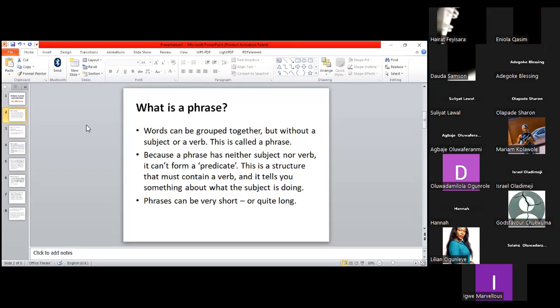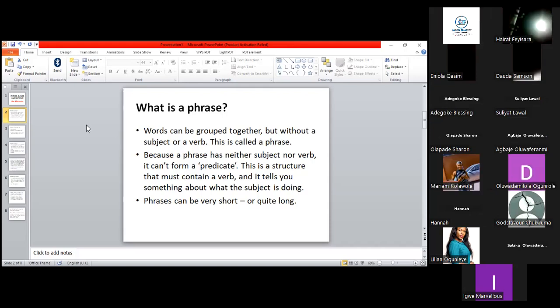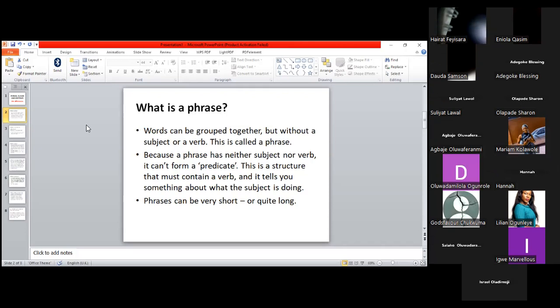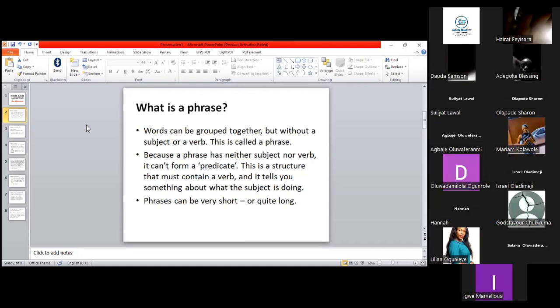So if, for instance, I say, Ade is going to school. In that expression, Ade has taken a particular action, and that action is to go. Ade in that sentence is the actor, or what we call the subject.